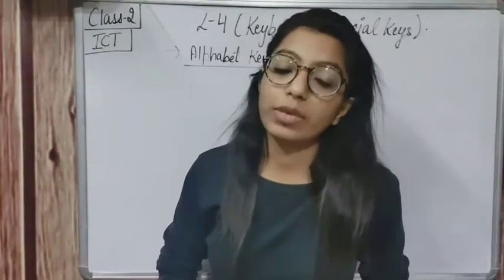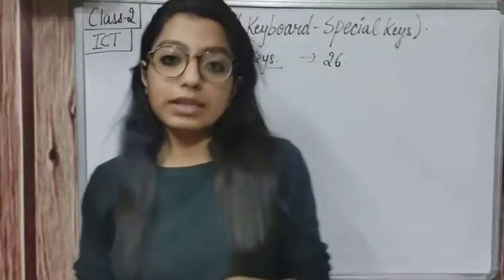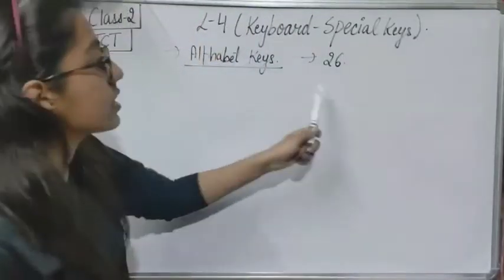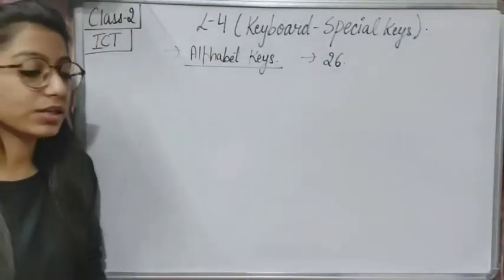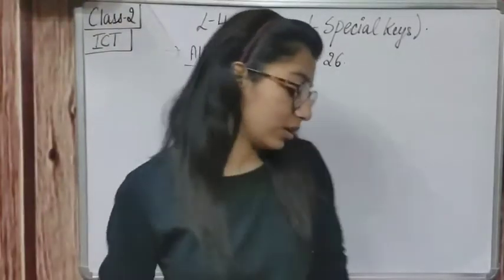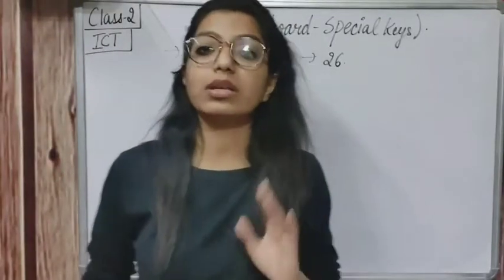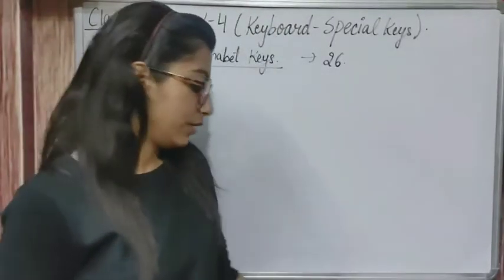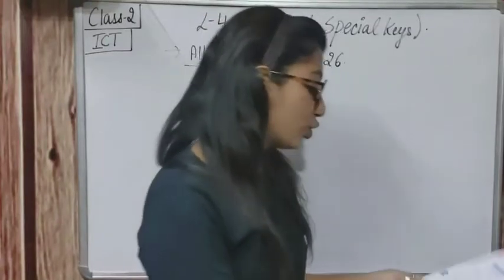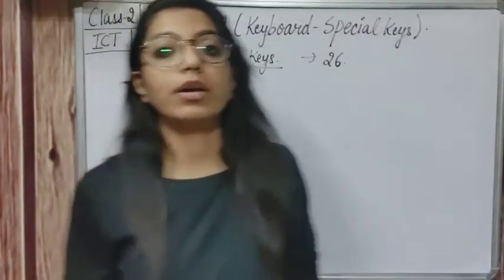The many buttons on the keyboard, and those buttons are known as keys. So there are total 26 alphabet keys, right? We use alphabet keys to type letters, words and sentences, right? So alphabet keys have letters on them from A to Z.